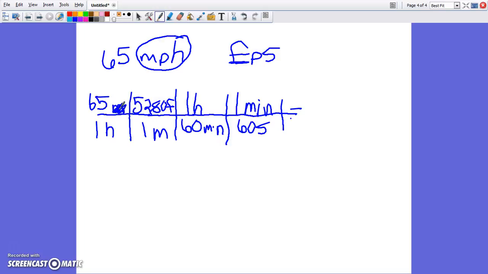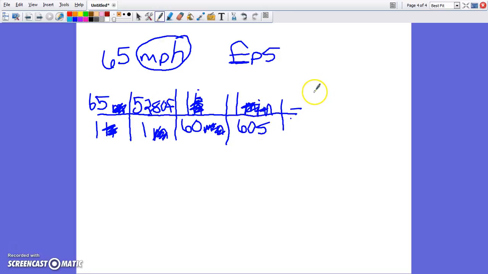Miles crosses off with this miles. I want feet. This hour crosses off with this hour, and this minute cancels out with this minute. So what I'm left with is feet per second.